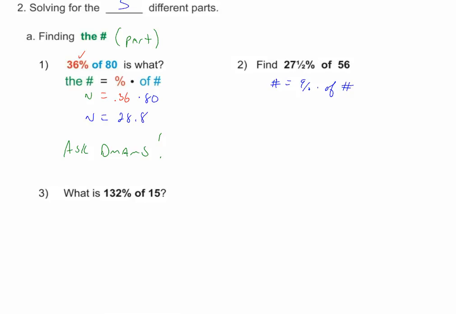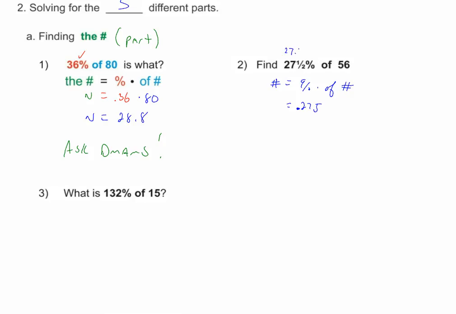Somebody raise their hand and tell me what to put in one of those three spots. You can choose anything you want. Brendan? For the percent, put 0.275. Awesome. 0.275 is indeed the percent. That's what we did Friday, working on changing percents to decimal form.